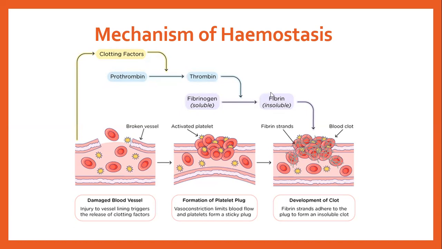This insoluble fibrin forms a mesh-like structure and forms a blood clot. This mesh of fibrin strands prevents blood from coming out of the injured site. So this is the general mechanism of hemostasis.